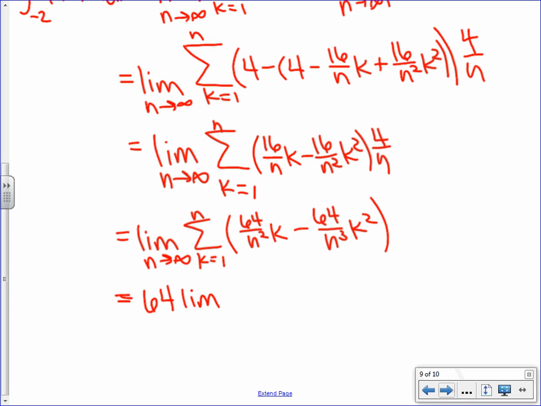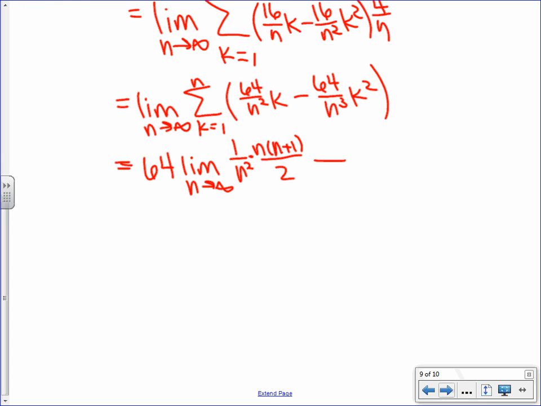And we have the limit as n approaches infinity of 1 over n squared times, what's the sum from 1 to n of k? n times n plus 1 over 2. Minus, we can take out the 64 times the limit as n approaches infinity of 1 over n cubed. What's the sum from 1 to n of k squared?